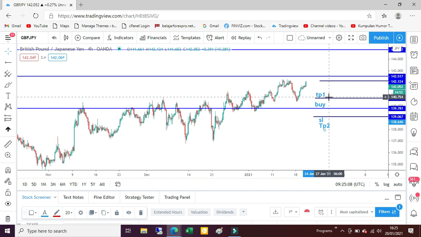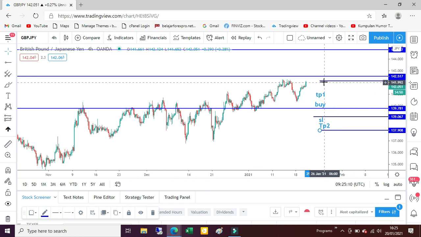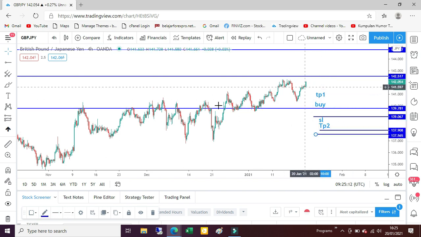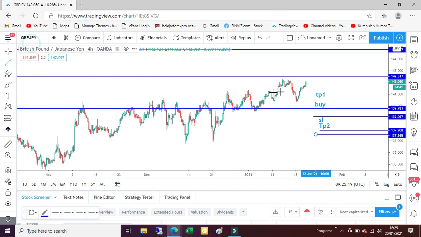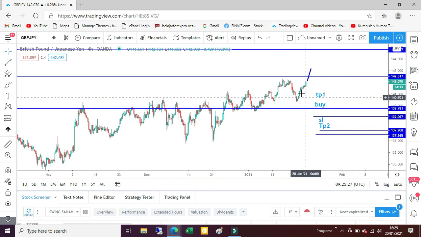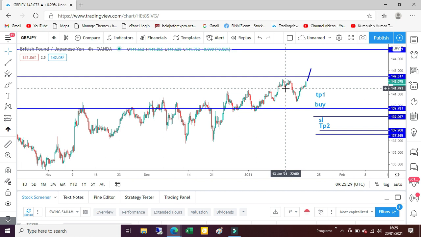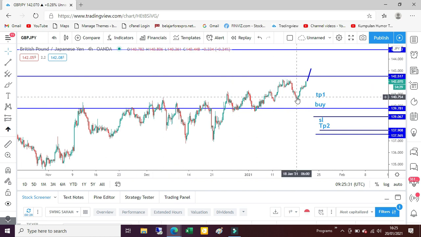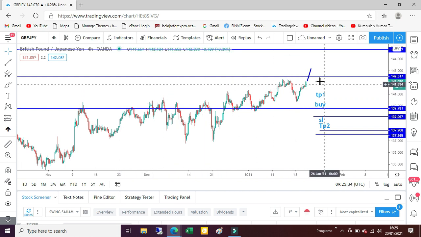Okay, the second scenario to buy is when the price, ketika harga ini menembus, when the price break out our resistance line, then we put our buying here, this line.